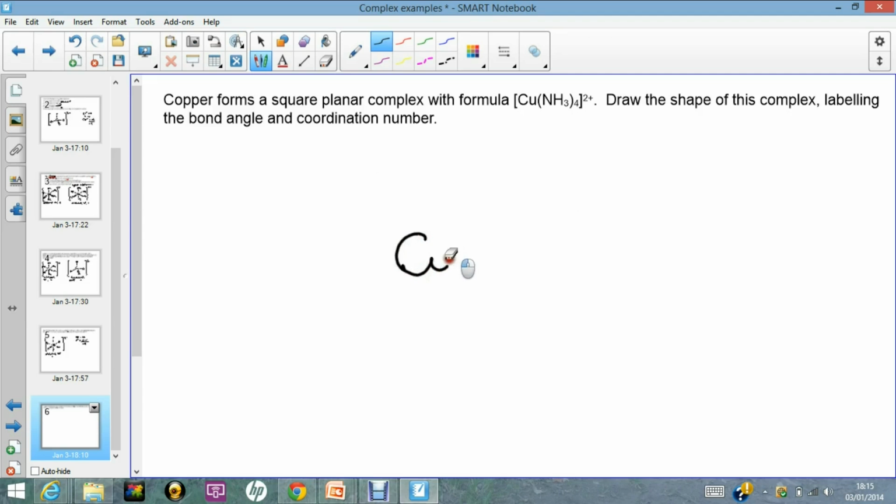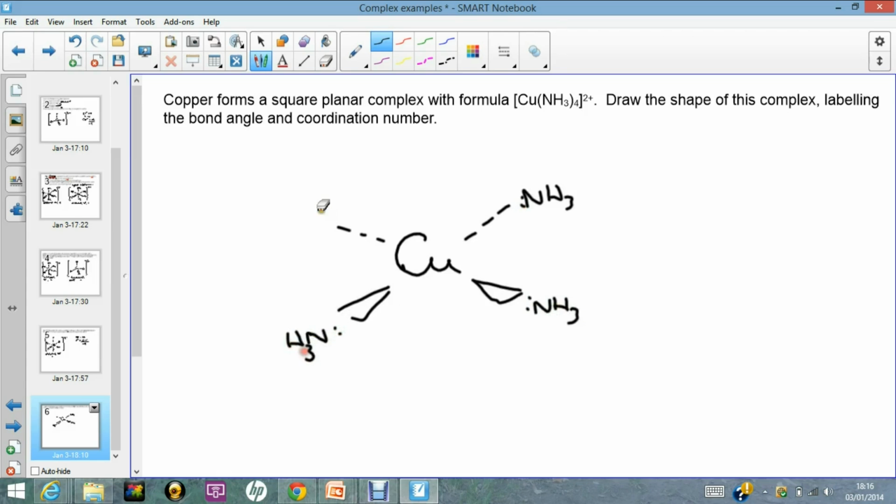I'm going to start off with the copper in the middle. I'm going to draw a square planar complex with 4 ammonia ligands. You would be well within your rights to draw it like this.